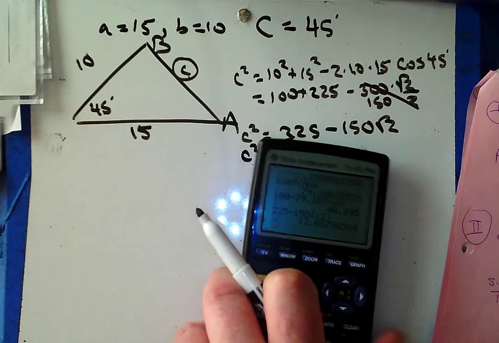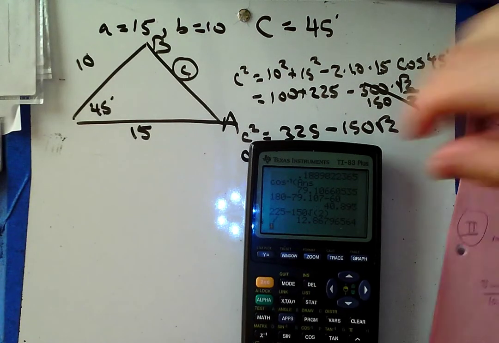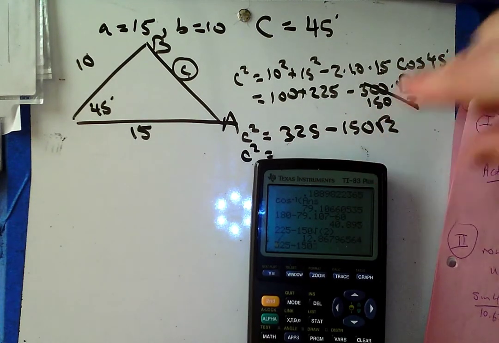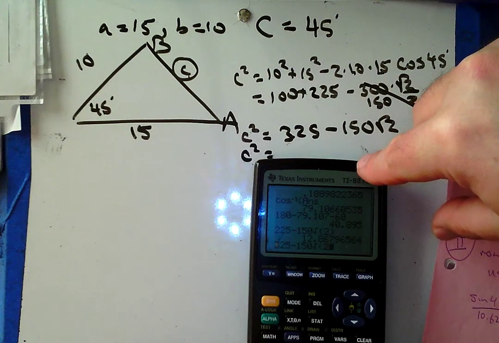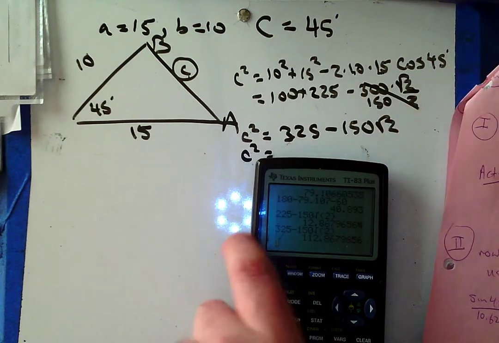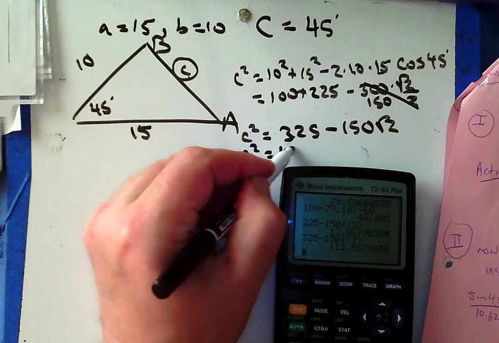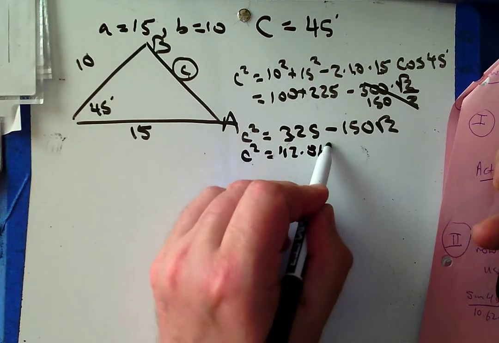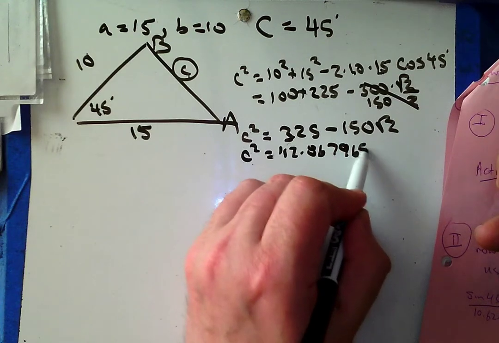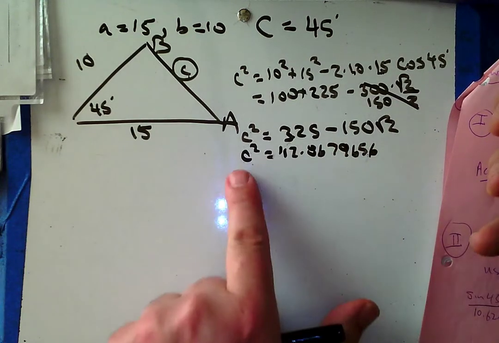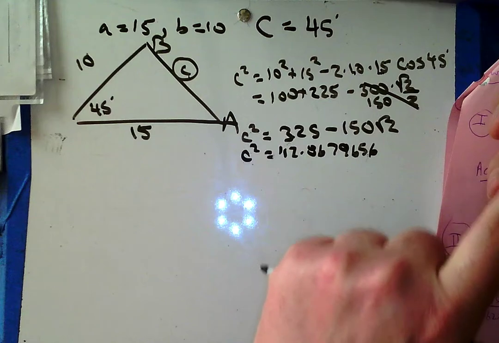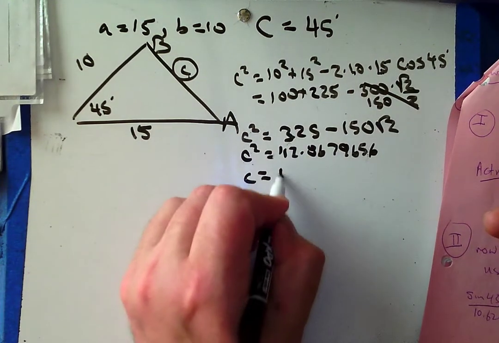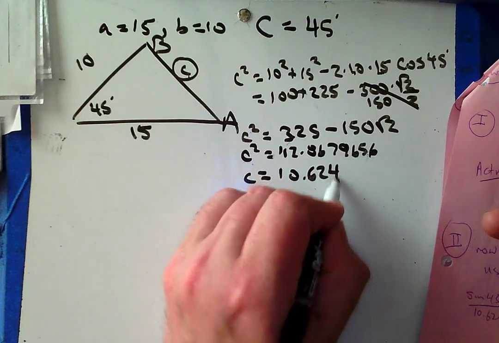I knew there was something not seeming right about that. 325 minus 150 square root of 2. And I get 112.8679656. But I don't want c squared, I want to know what c is, so I'm going to take the square root of this answer, and I get that c equals 10.624.